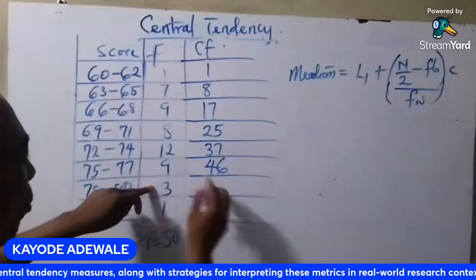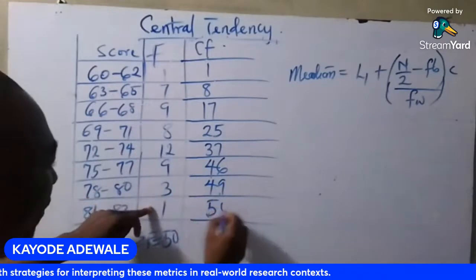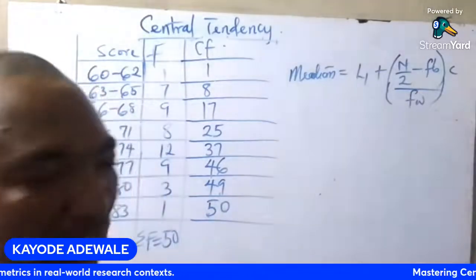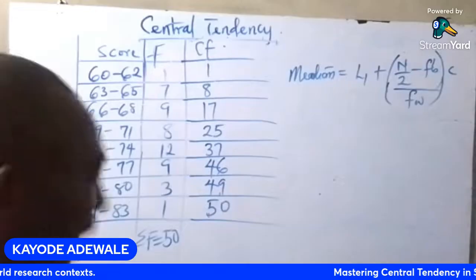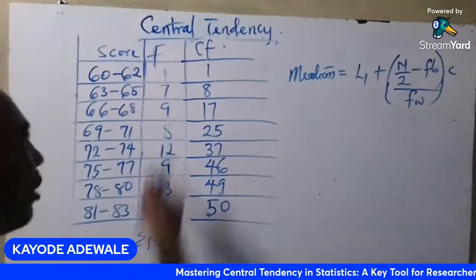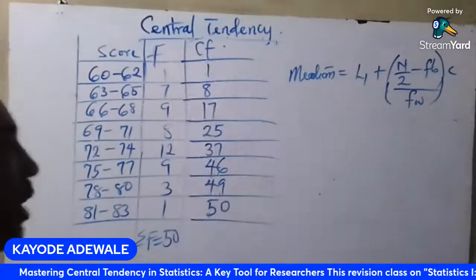If I add 46 to this, that will give me 49. And if I add 49 to this, that will give me 50. Yes, that's just an error that you need to discover early. Otherwise, your summation F, that is the addition of the frequency, must be equal to the last number on the cumulative frequency.